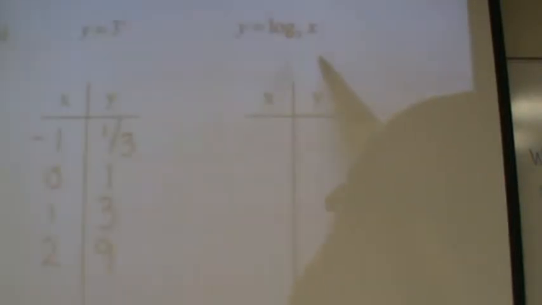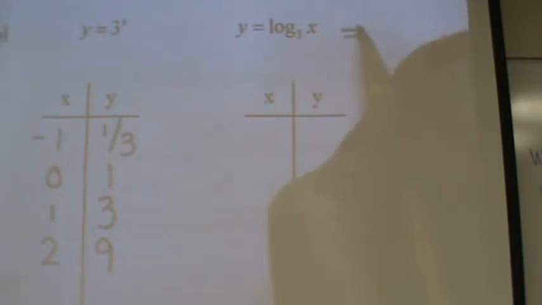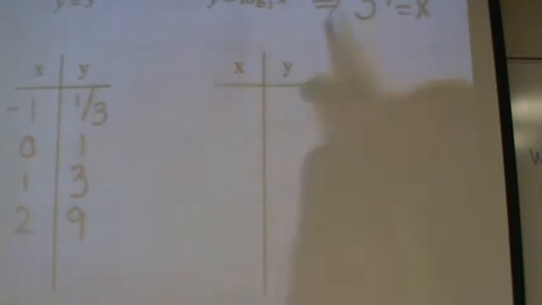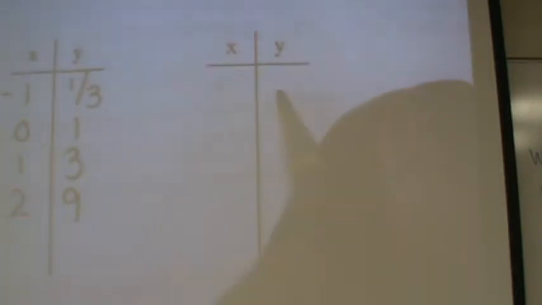Okay? Now if I asked you to graph this function, this is a log function. What we did was we rewrote this as 3 to the y power is x. We plugged numbers in for y, like negative 1, 0, 1, and 2. And then we evaluated these.